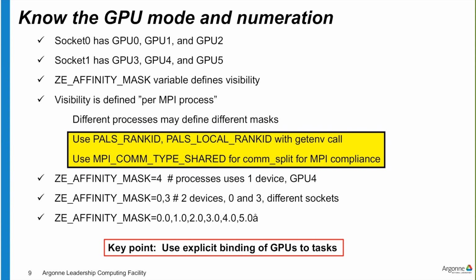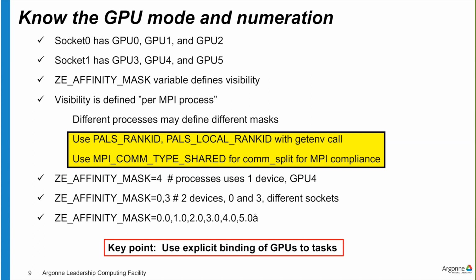It is possible to have GPUs being seen by MPI processes in a different order, which allows you to have access from one process to GPUs in multiple sockets. This is done through the affinity mask variable.